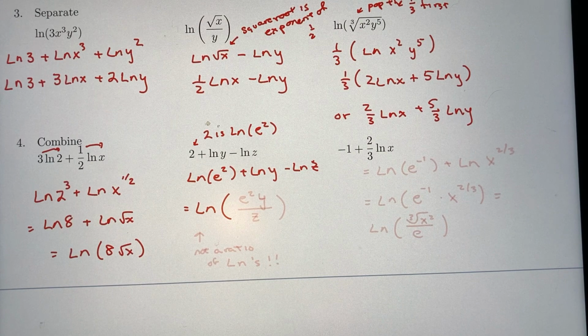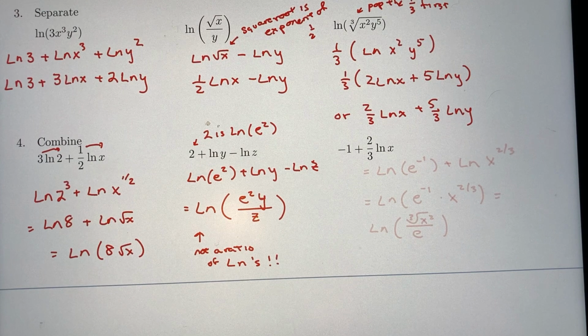Do not divide two ln's unless you really mean the change of base formula. The division is inside. Not x squared y, e squared y over z. No addition or subtraction should be inside.